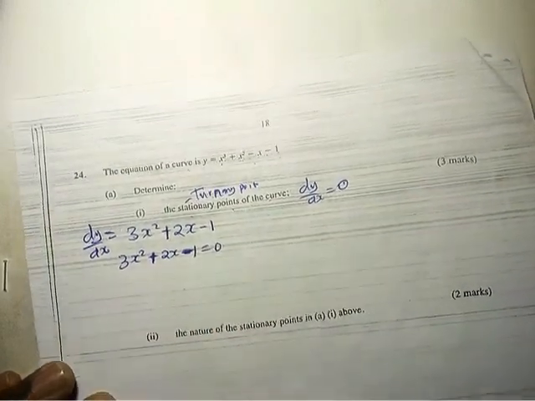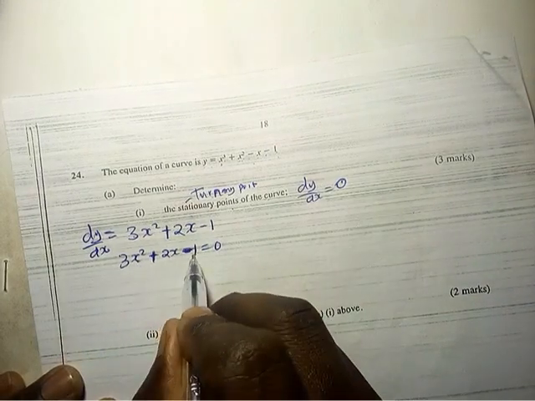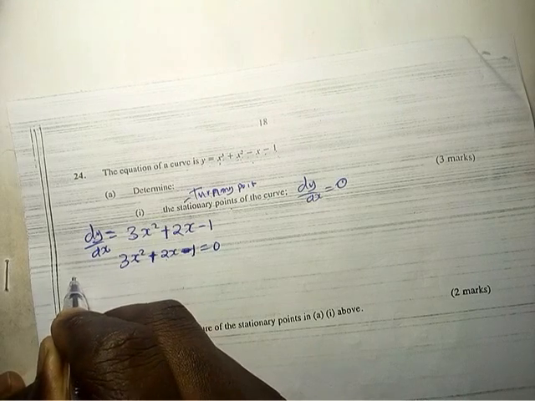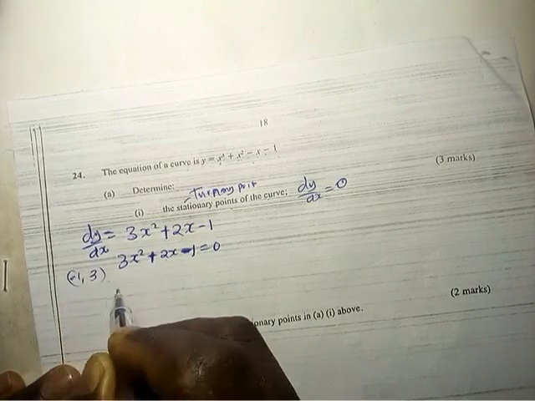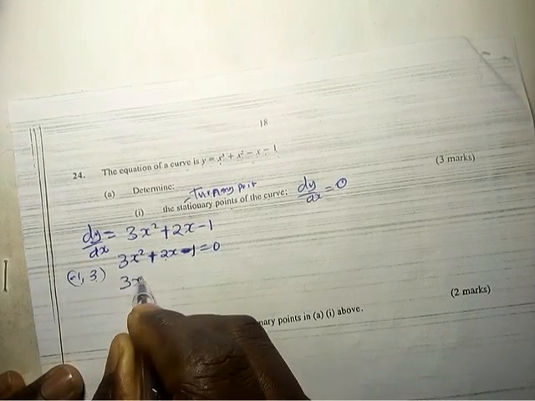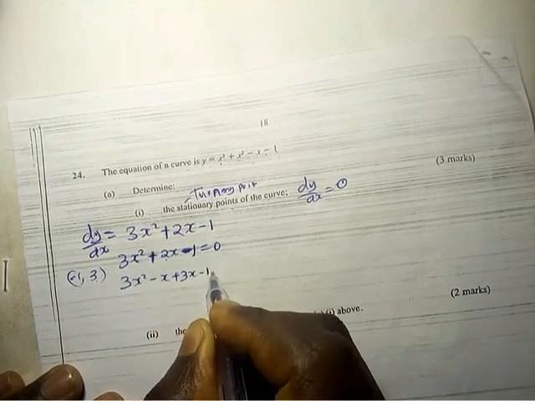So we simplify this and get the value of x. So the sum is 2, the product is -3. So our numbers are going to be -1 and 3. So -1 plus 3 is 2. Now 3x squared minus x plus 3x minus 1, the answer is 0.